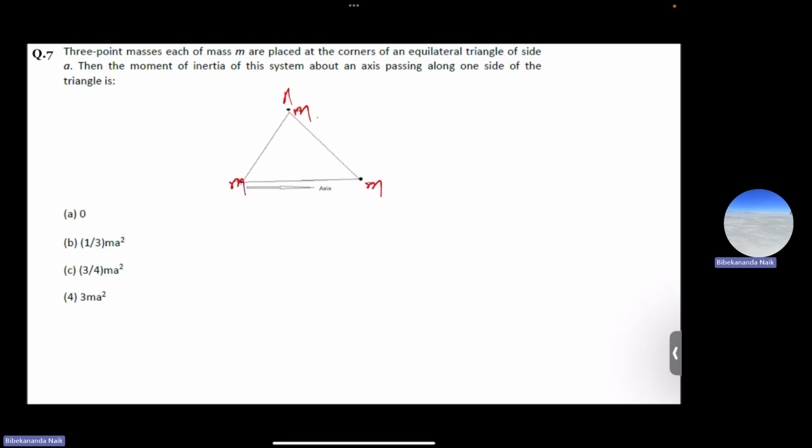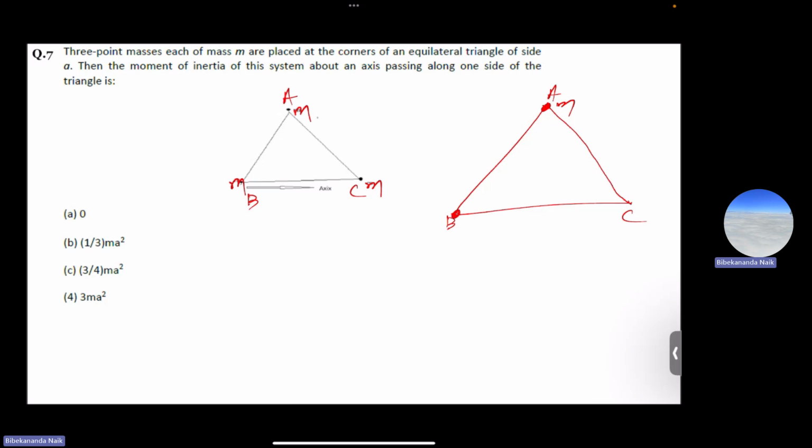So let's name it as A, B, C. We need to find out the moment of inertia of the system about an axis passing along one side of the triangle. Suppose this is A, B, and C. Here the mass is also present. Suppose this is mass m.